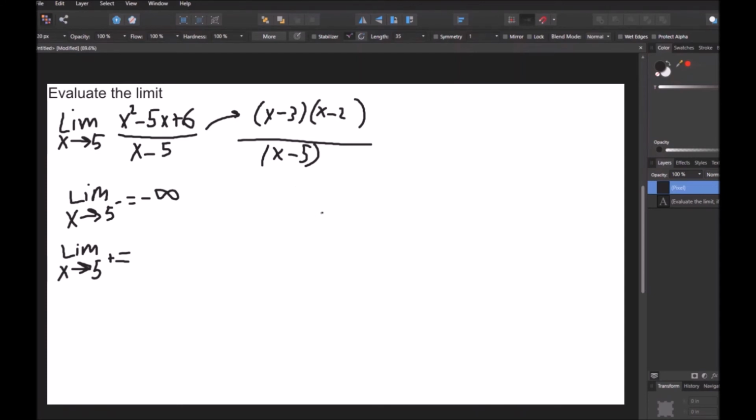So it'd be getting more and more positive as we approach 5. So we see that it's negative infinity and infinity on either side of the asymptote here. Well, we know from our definition of a limit that it cannot exist here because the two-sided limit does not exist. So your answer for this is going to be DNE, does not exist.